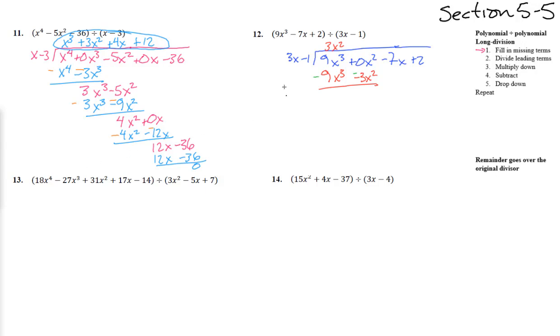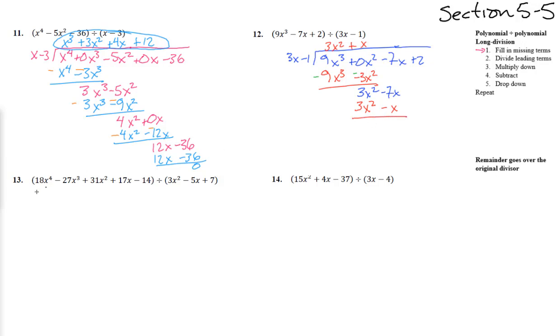All right, then that gives us gone. 0 minus a minus 3 is positive 3x squared. Bring down the negative 7x. 3x goes into 3x squared. 3 goes into 3 just one time, so we just need an x. And that'll give us x times 3x minus 1 is 3x squared minus x.